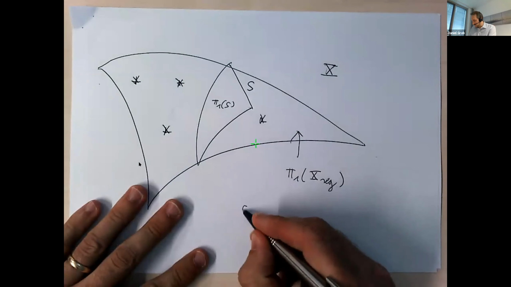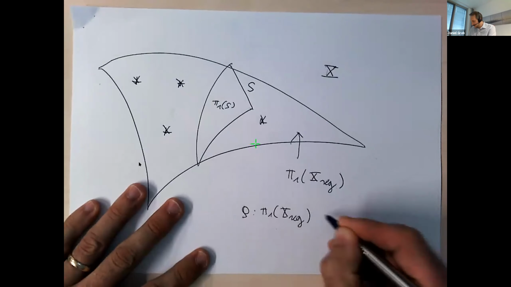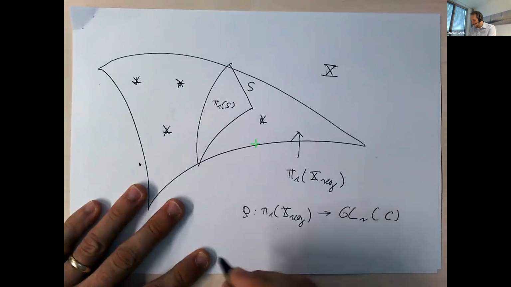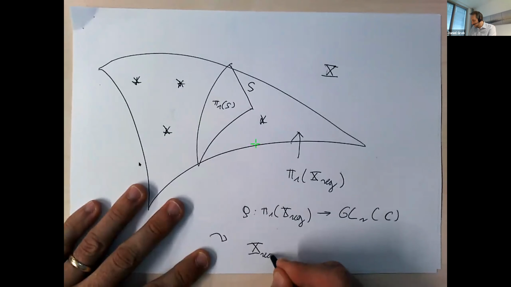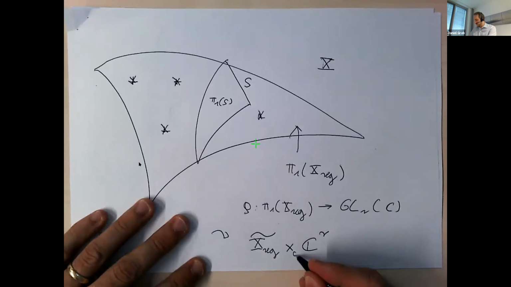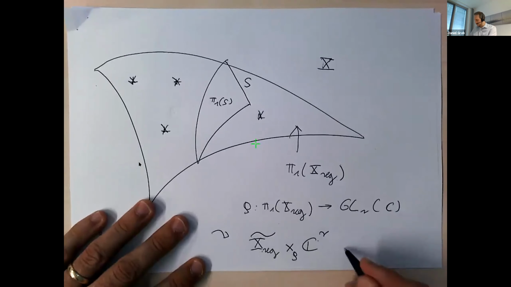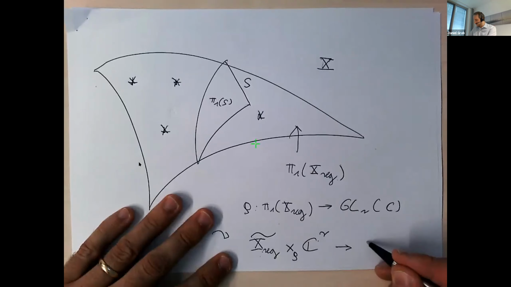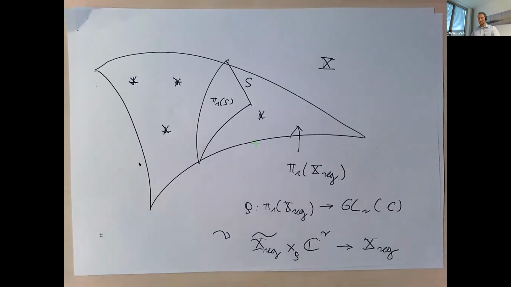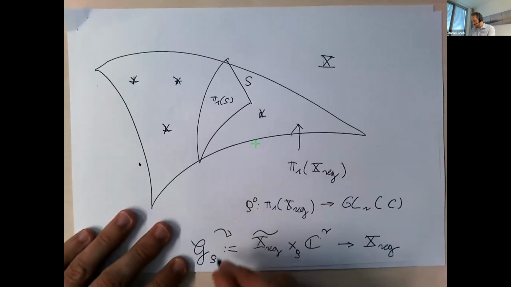If I have a representation rho from pi1, let's say in this case of X reg, to GLR, then I look at X reg tilde, the universal cover, times C to the R, and then I act with this representation rho on the right and the deck transformation action of the fundamental group on the left, and I take the quotient, which is denoted by this, and this is a vector bundle over the original space, X reg. So this is G of rho, say rho 0.